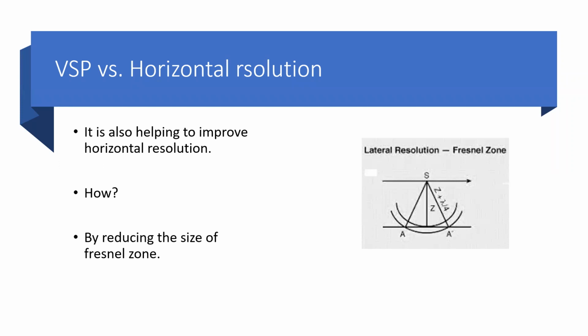Waves with such arrival times will interfere constructively and so be detected as a single event. That's why it might be possible that we can miss a small structure in the subsurface or a small fault near the wellbore.